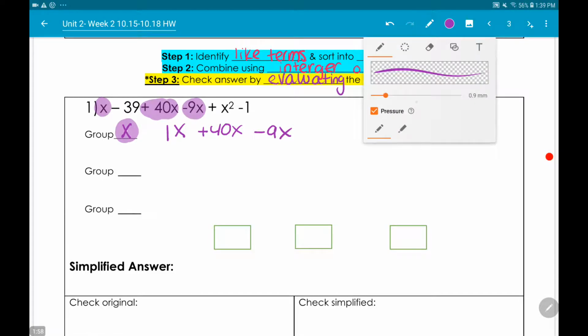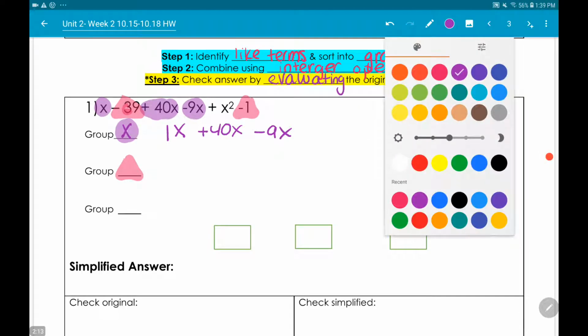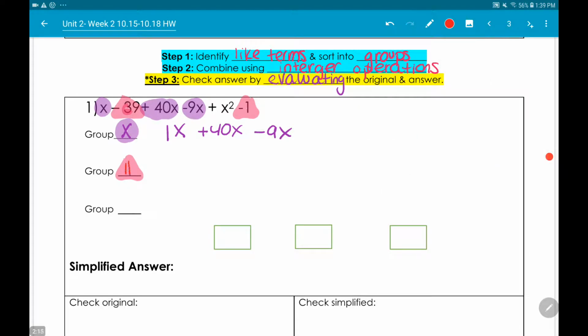All right, next term to make my next group, let's use triangles. This is going to be my number group. So the other number that I see is negative 1. So negative 39 and negative 1.